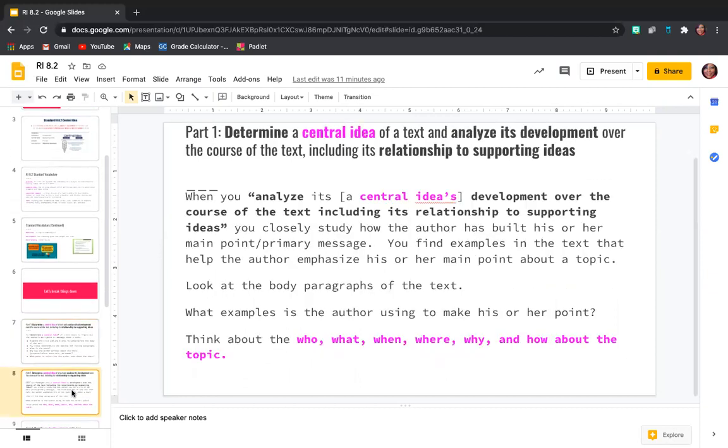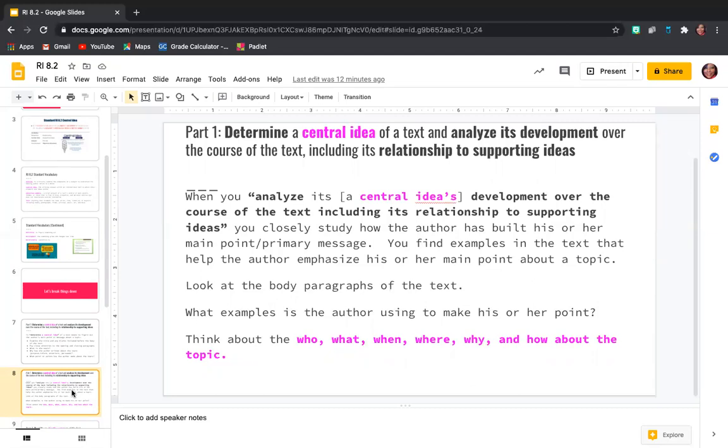Part 2 can be broken down into another section. Determine a central idea of a text and analyze its development over the course of the text, including its relationship to supporting ideas. We're going to talk about analyze. When you analyze its development, that is a central idea's development over the course of the text, including its relationship to supporting ideas, you closely study how the author has built his or her main point or primary message.